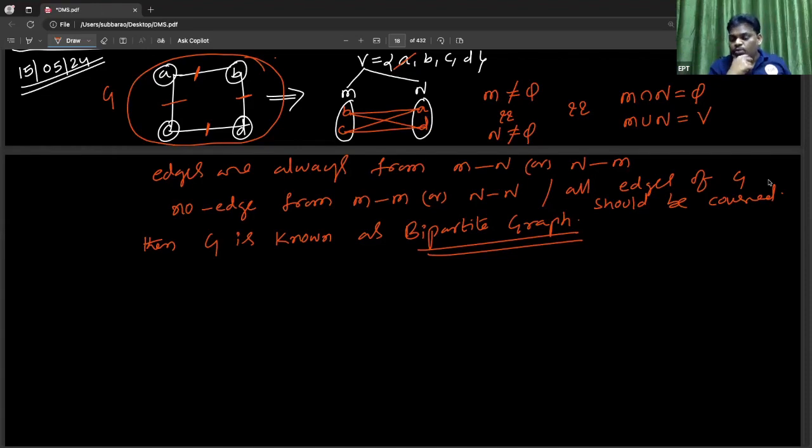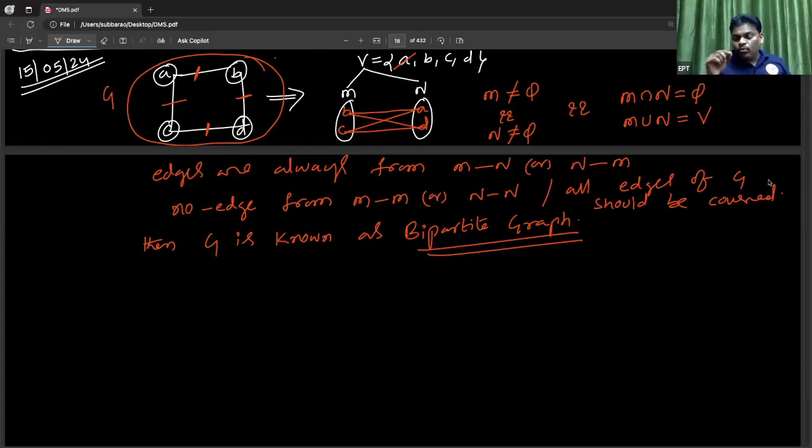Second graph means, sir, how? If you want, you can check. All vertices are there in the second graph also, and all edges are there too. The only thing you have done is, for an edge going from A to B, A will be one group, B will be another group. Within the M group, no edge; within the N group also, no edge.